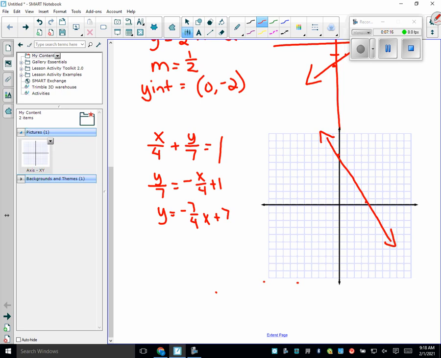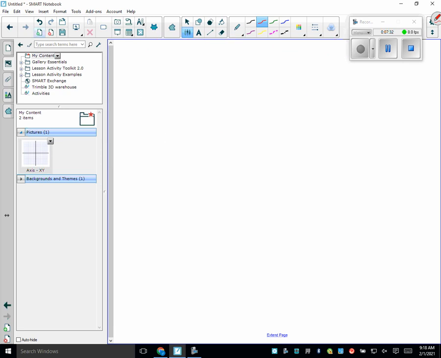Now let's talk about types of functions before we move on. All right? Do you know what a linear function is? No. Here's a linear. This is the three kinds we're going to use. Linear, constant, or neither.